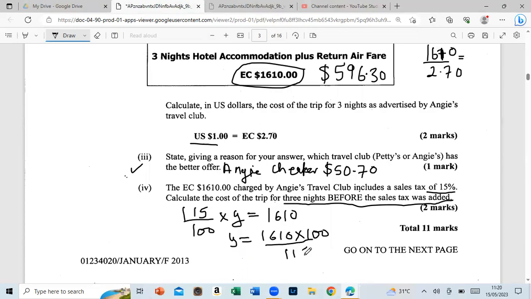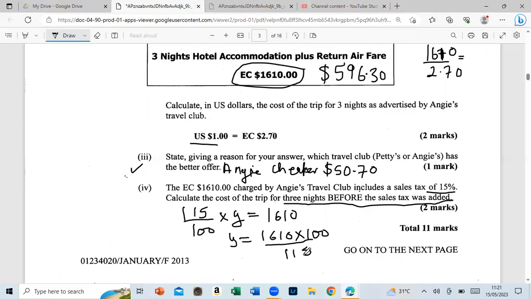Of course, guys, I'm going to punch that in my calculator. So 1610 times 100, which gives me 161,000.